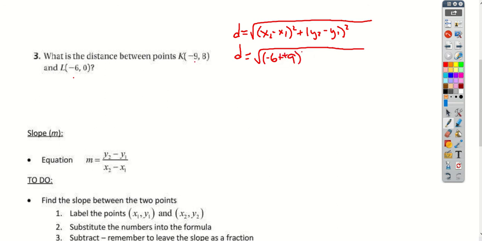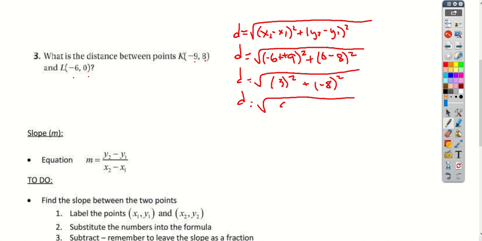So this is going to be plus squared. Okay, and then the second y value is 0 minus the first, which is 8 squared. So this is going to turn into negative 6 plus 9 is 3 squared. 0 minus 8 is negative 8 squared. So the distance is going to turn into 9 plus 64, which is the square root of 73.